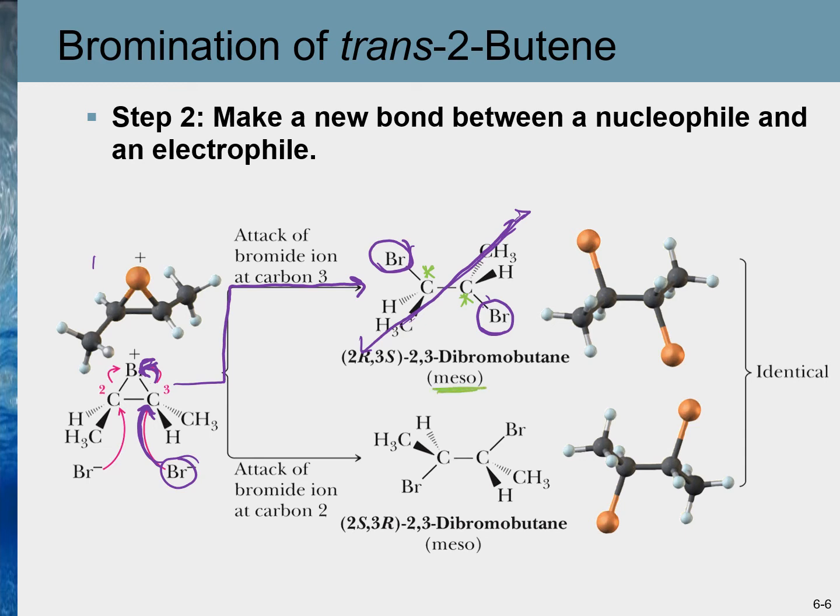Now, if the bromide nucleophile attacks at the number 2 carbon, in that case, the product will be generated in such a way that the bridging bromide will be on the number 3 carbon, and the new nucleophile bromide is present here. In this case, again, there is a plane of symmetry present.